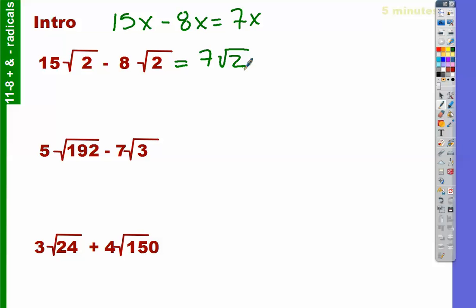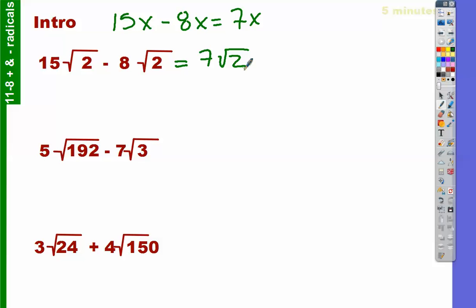For our next question, we have 5 times the square root of 192 minus 7 times the square root of 3. So are the radicals identical? No. But we may be able to simplify one or both of the radicals so that we would be able to combine them. So we have to look at the square root of 192 and the square root of 3. Well, 3 is a prime number, so we can't break that down any further.